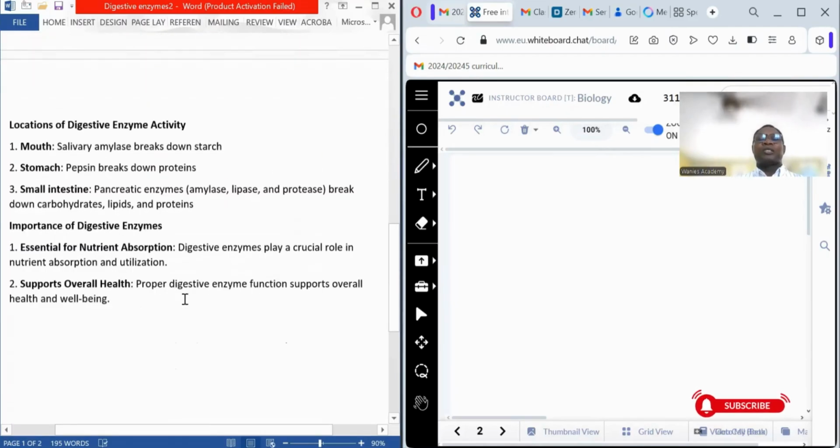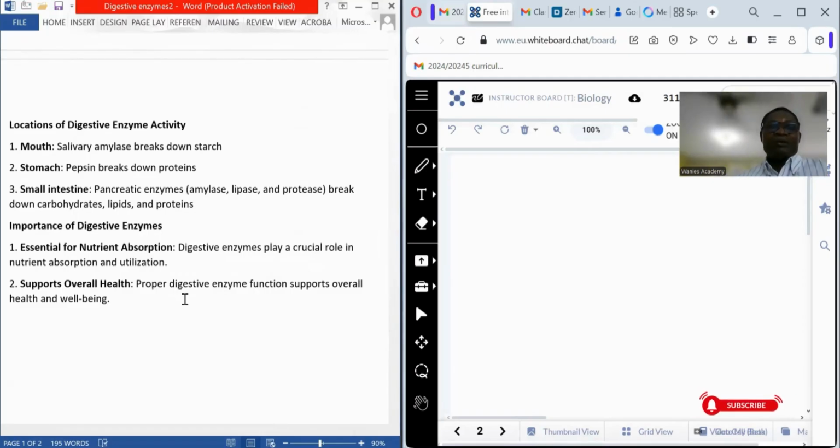Now let's see some location of enzymes in the body of organism. Digestion starts in the mouth. So in the mouth, we have the salivary amylase, which break down starch. Salivary amylase is found in our saliva. It helps break down starch. Then in the stomach, we have the pepsin, which acts upon protein.